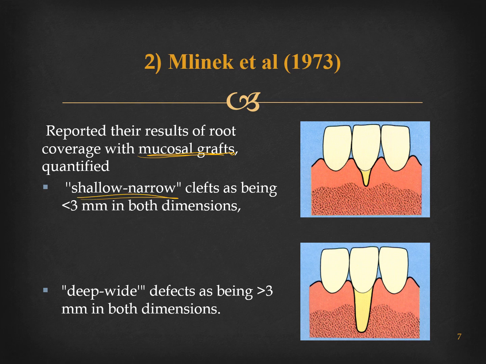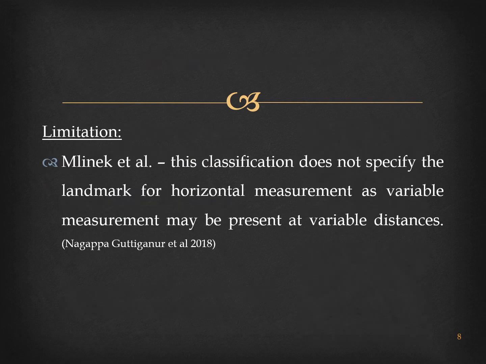They gave shallow narrow, in which the cleft is less than 3 mm in both dimensions, horizontal and vertical, and deep wide defect, when the recession is greater than 3 mm in both dimensions. Here also they have not specified any landmark for the horizontal measurement, and the variable measurements may represent variable distances. So it is also a vague classification.